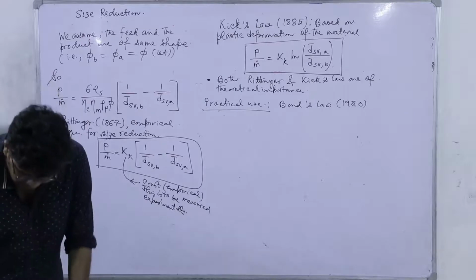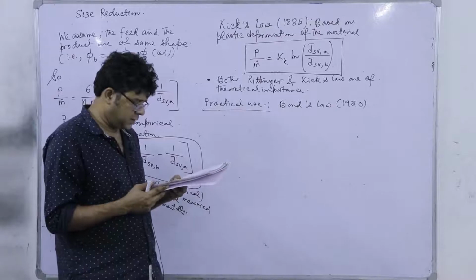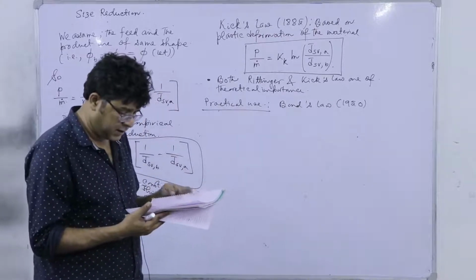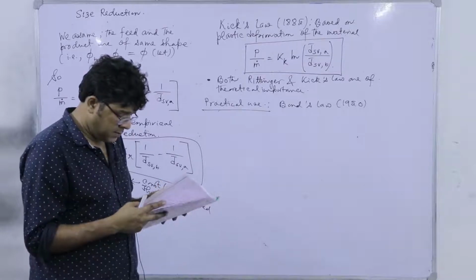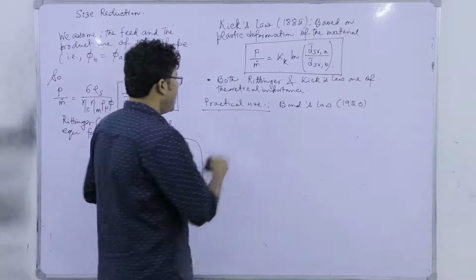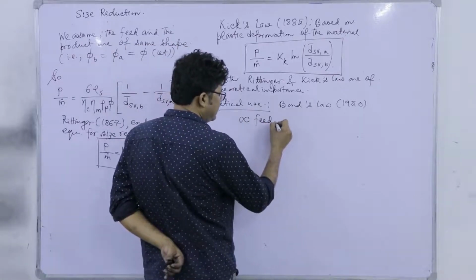So this Bond crushing law is a somewhat more realistic method for estimating the power required for crushing and grinding, proposed by Bond in 1950. Bond postulated that work required. So what is the postulation? I have an infinite feed size, very large feed.